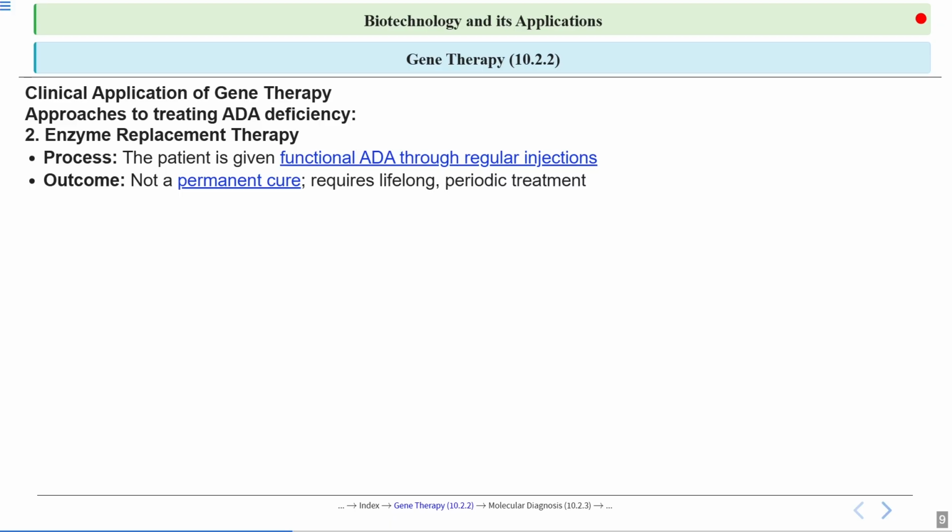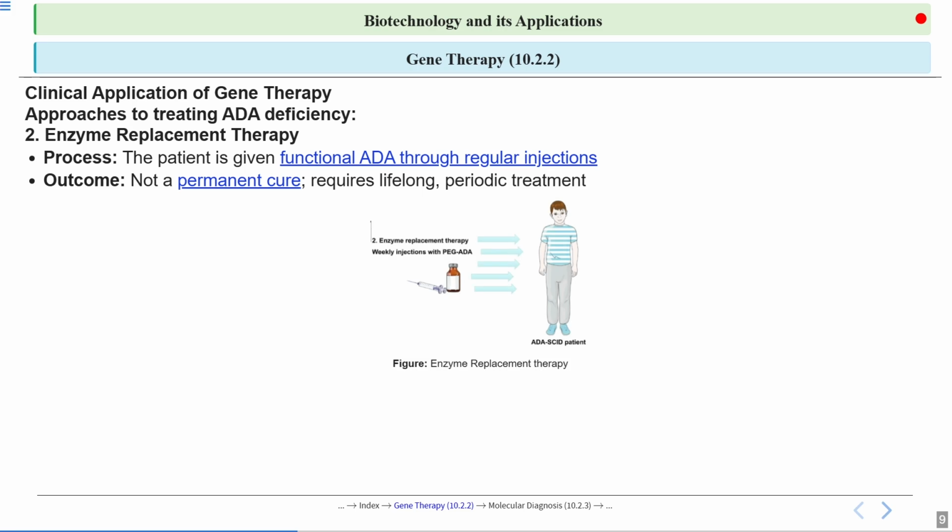But in this, we are giving it from outside, so it is not a permanent cure. It requires lifelong periodic treatment. Here is a pictorial representation of enzyme replacement therapy, with weekly injection of PEG ADA. So that person has to take this enzyme weekly.